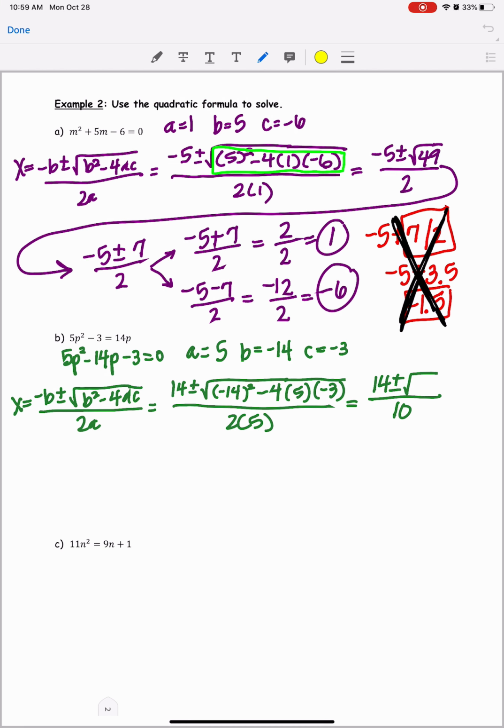Same concept here. You are putting everything in under this radical, but not including the radical. That's why I have this radical right here. So when you put in negative 14 in parentheses squared on the outside minus 4 times 5 times negative 3, we're going to get 256.